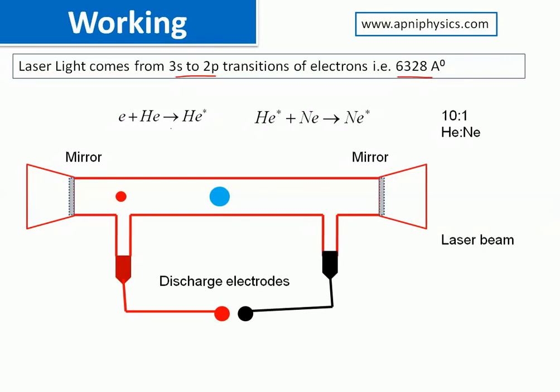So what happens initially? Initially one electron, basically an accelerated electron, strikes the helium atom and excites it in this way, right?